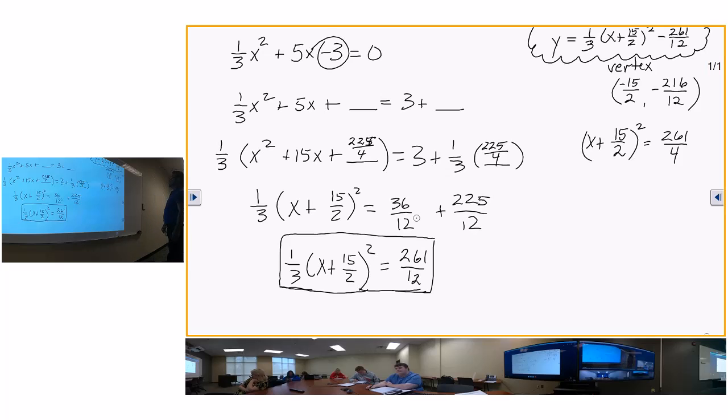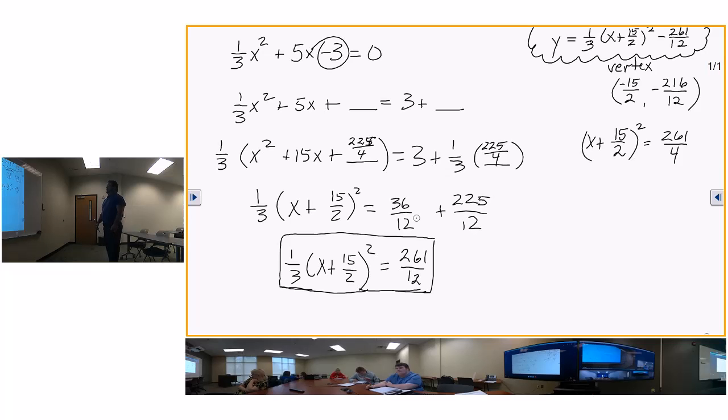Y'all check my math there. Now, I believe, and I may be wrong, 14 squared is 196, 15 squared is 225. So 16 squared would be what? 256?